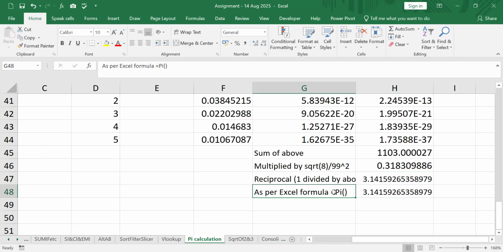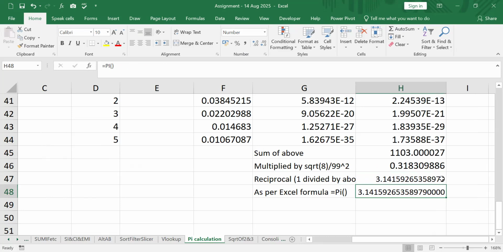And if I use pi, bracket open, bracket close, it gives the value of pi as stored in Excel. And you can see that it is up to this. If you go beyond this, it is giving 0 because Excel is not storing anything beyond that. It's all coming 0, 0, 0 only. It is actually not 0 here, but Excel doesn't know. Excel is only up to this, and even this formula is calculating only up to 5.